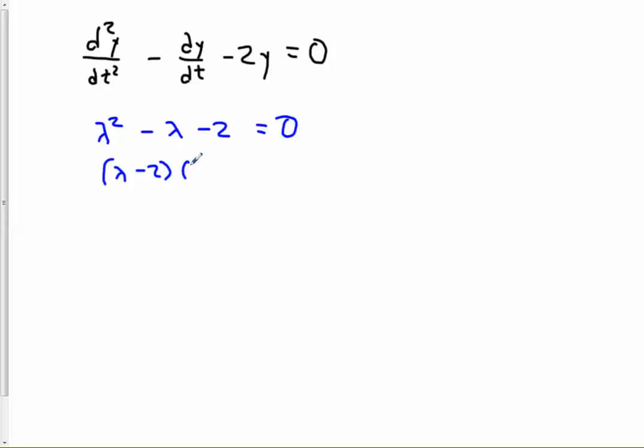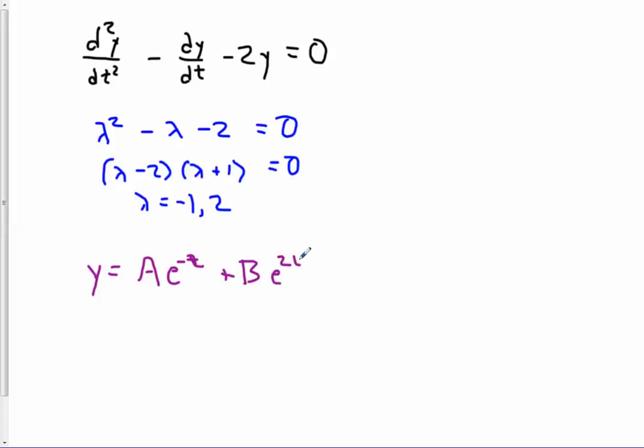Lambda minus 2, lambda plus 1, giving us two answers, -1 and 2. So these are the lambdas that will work, and remember the whole point is that those are the exponentials that will work. So our general solution would be a e to the minus t plus b e to the 2t.